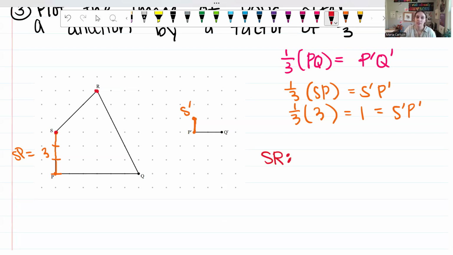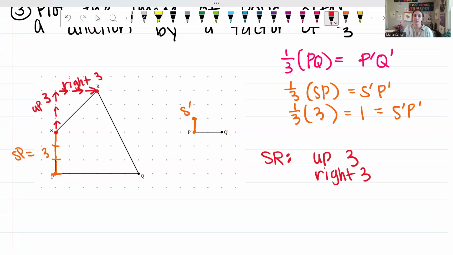And I notice to get from S to R, I would have to go up 1, 2, 3 units. So SR, you go up 3, and then I would have to go to the right 1, 2, 3. So to get from S to R, one path I could take is up 3, right 3.